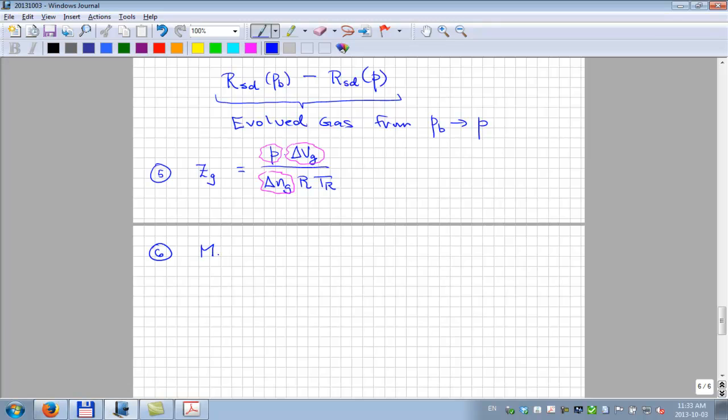They report gas molecular weight or specific gravity for each removed gas. And then they usually don't report the density, but they may. You can certainly calculate it if you want the density itself.